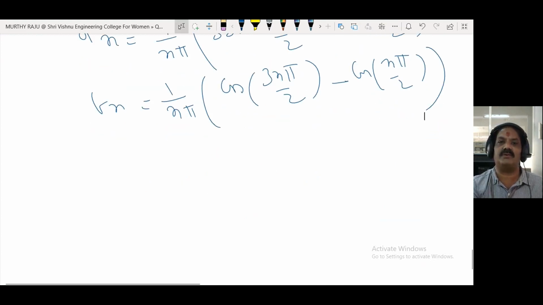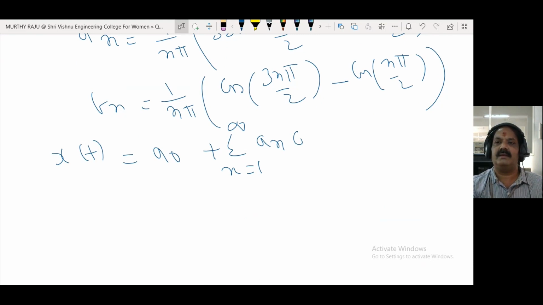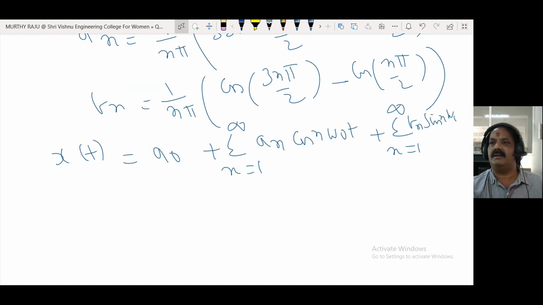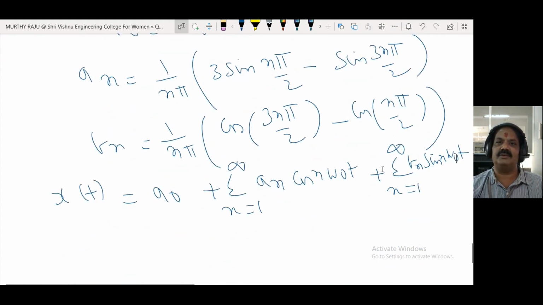Substitute these Fourier series coefficients in the expression x of t equals A naught plus sigma n equals 1 to infinity An cos n omega naught t plus sigma n equals 1 to infinity Bn sin n omega naught t. A naught is the C naught, that is 0.